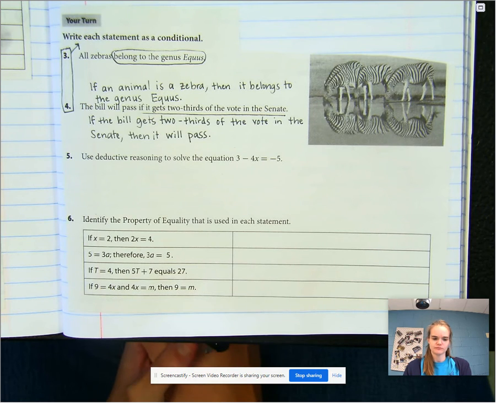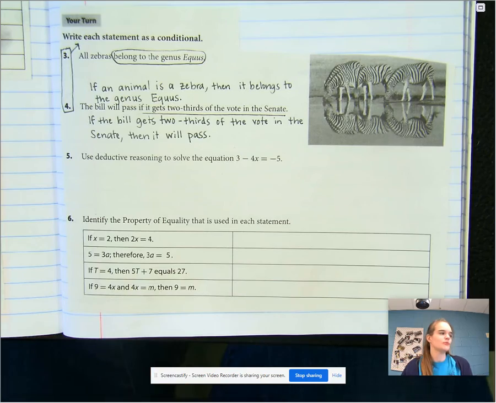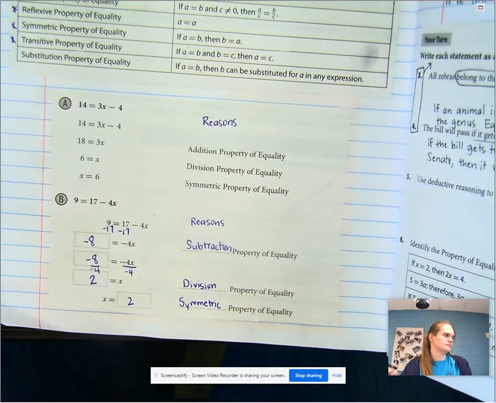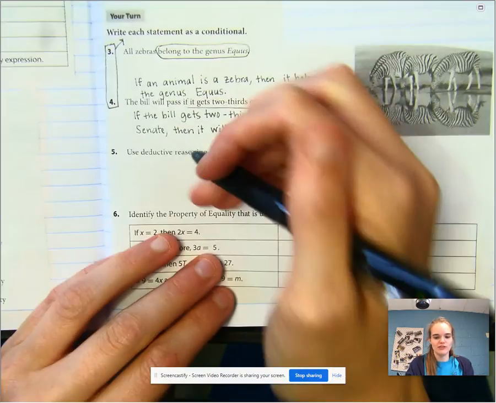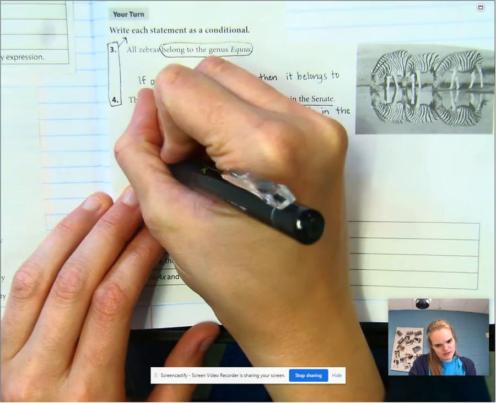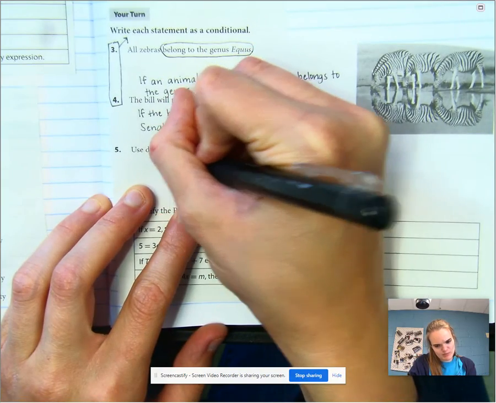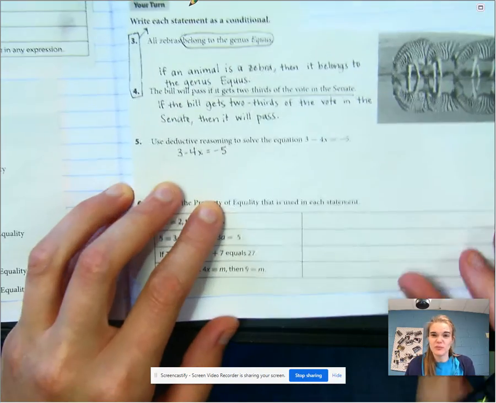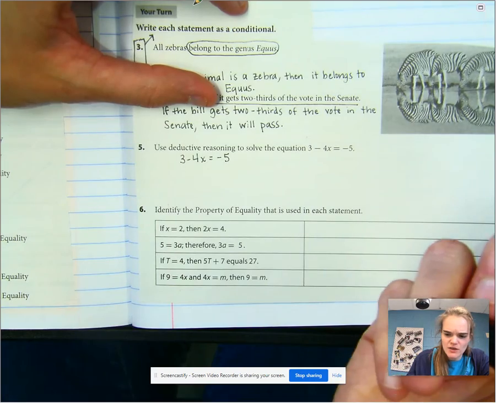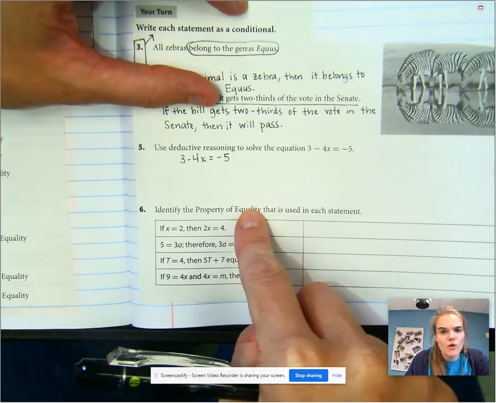Number 5. Use deductive reasoning to solve the equation. Well, here's what it means. It means we're going to do what we did over here. So I want you to list the steps, and then we're going to explain what happened from step to step. So go ahead and solve this equation out.